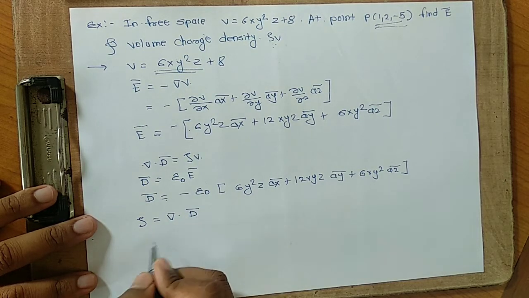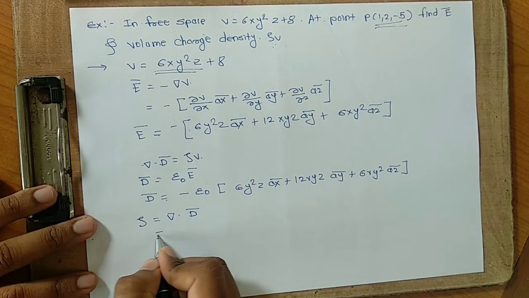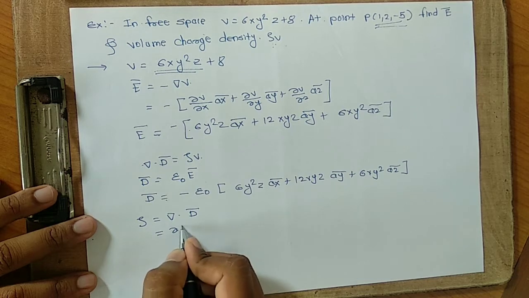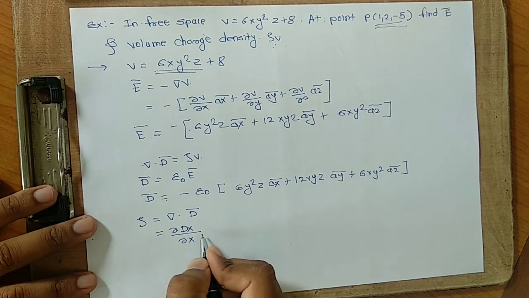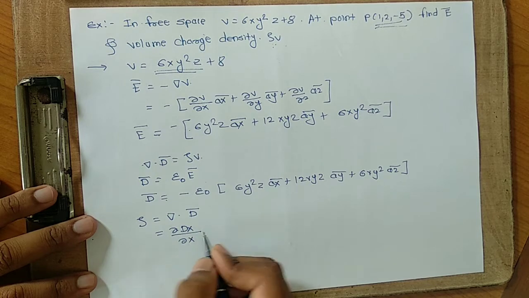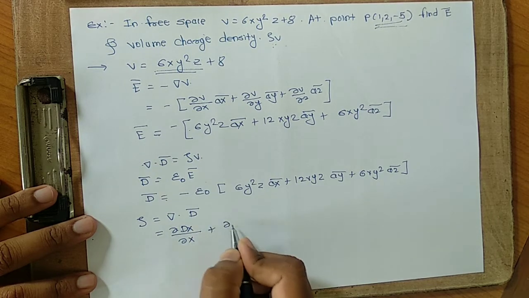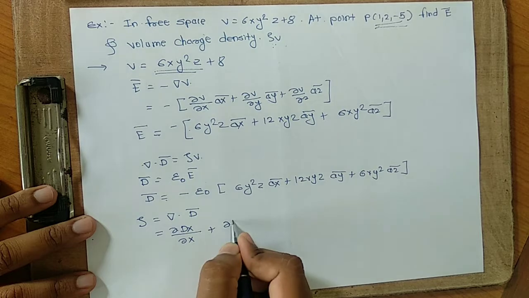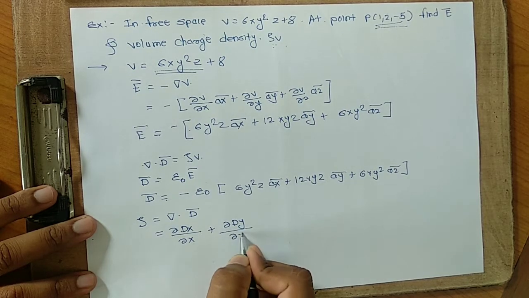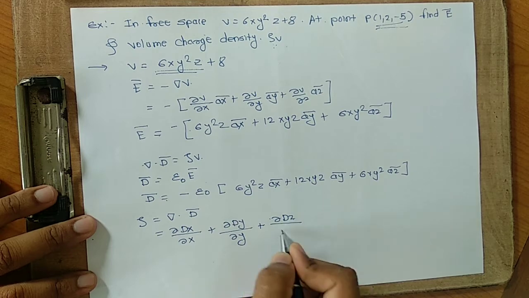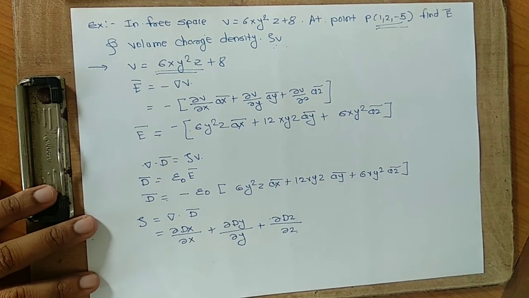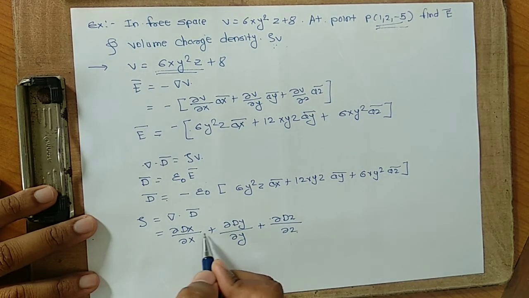What is meant by del dot D bar? Del means the del operator: del by del x, del by del y, del by del z. You don't have to use the unit vector here because it is a del operator. Why are we not using the unit vector?